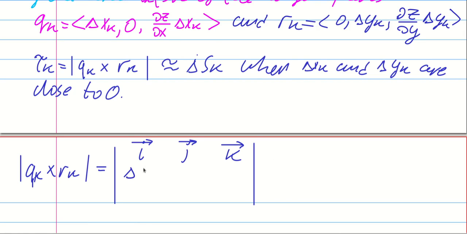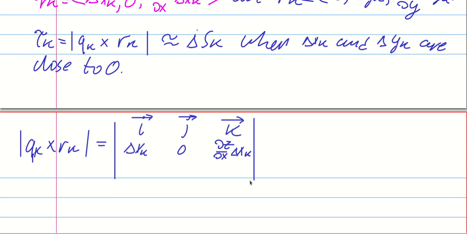So we have delta x sub k, 0, then partial of z with respect to x times delta x sub k, and for y it's very similar: 0, delta y sub k, and partial of z with respect to y times delta y sub k.